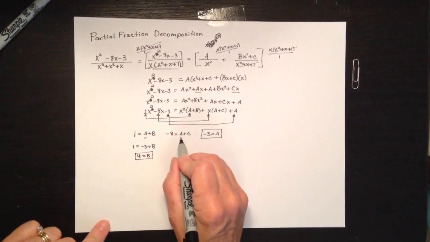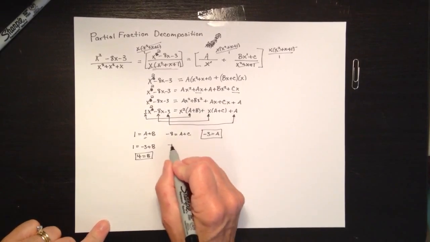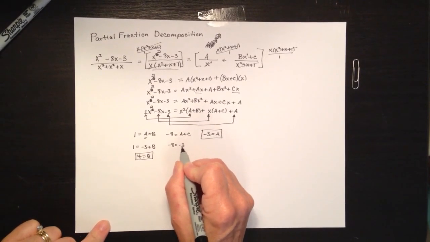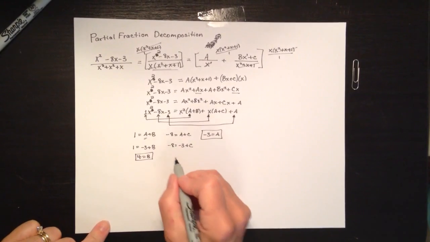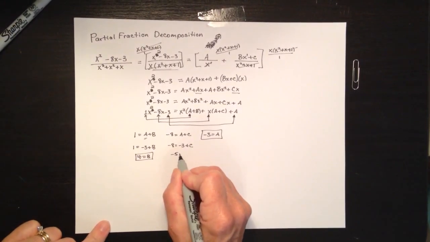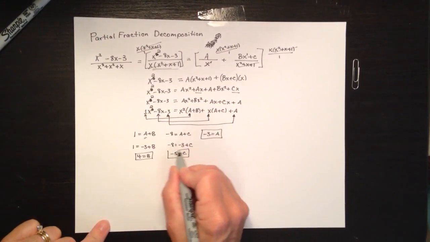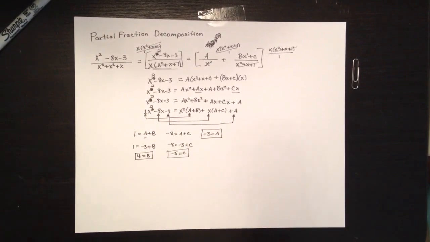Also, let's plug in a right here, and we can solve for c. Negative 8 is equal to negative 3 plus c. If we add 3 to both sides, we'll get that negative 5 is equal to c. So now we know what a, b, and c equal.